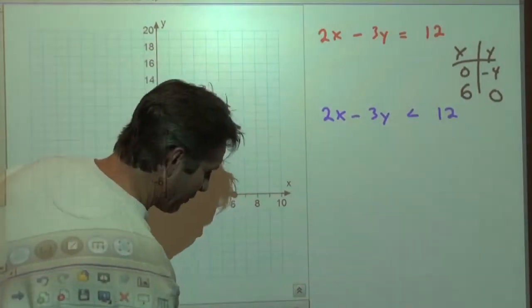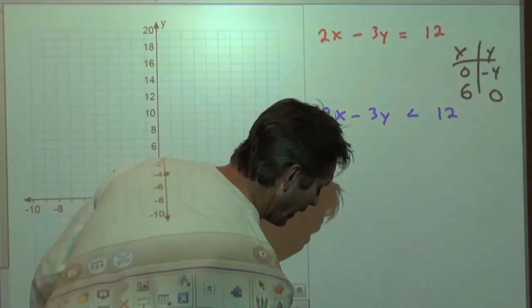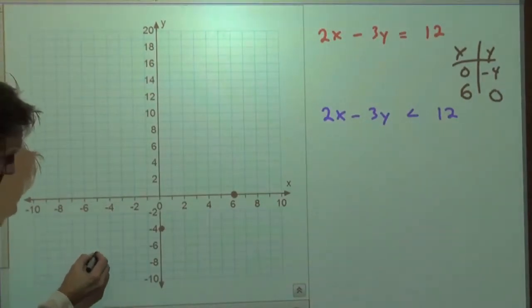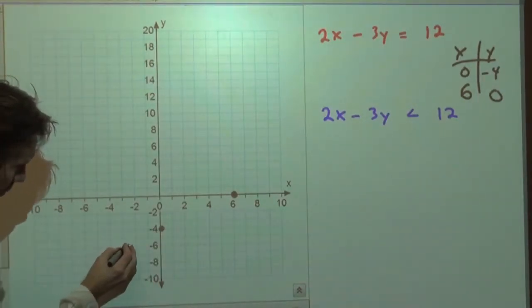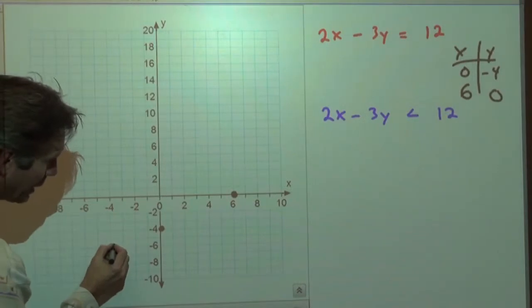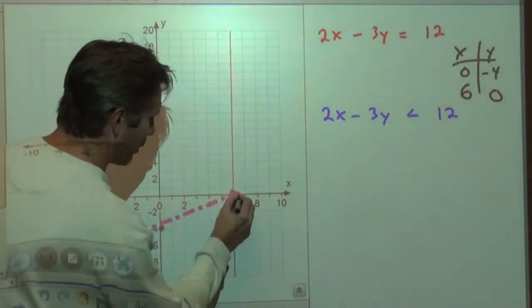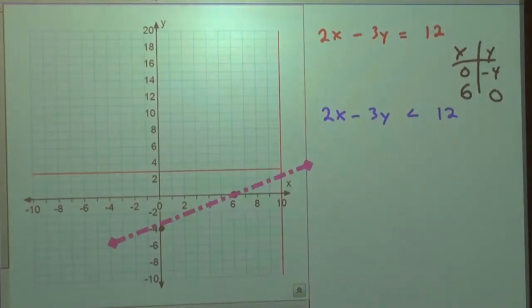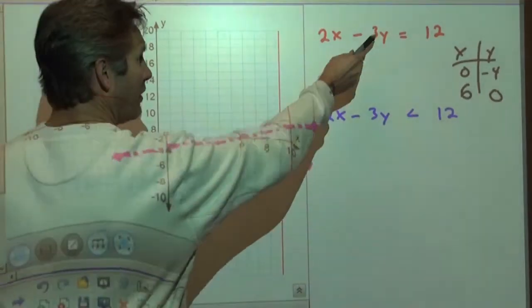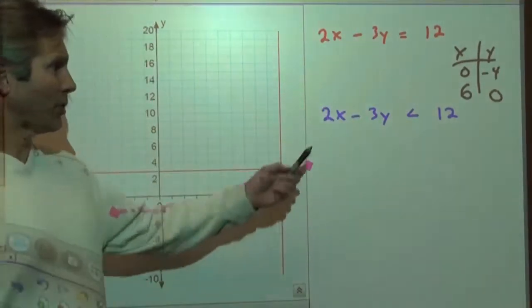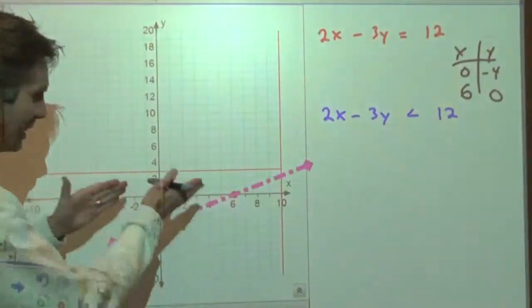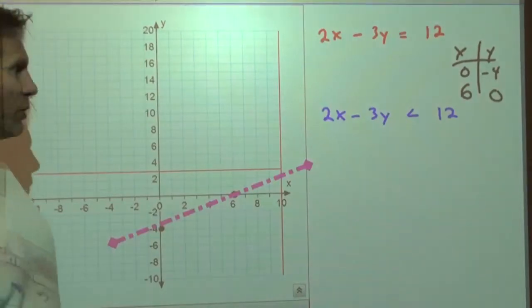Now, if we're going to do this inequality, we start by graphing that line. But I'm going to graph this line as a dotted line. So we're going to go through this point right here and go right through here. So that would be the dotted line, close enough, that represents this equation. Now when we're solving this inequality, we start again by graphing the boundary to where the solutions would be.